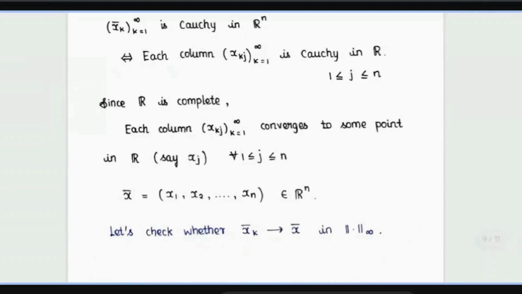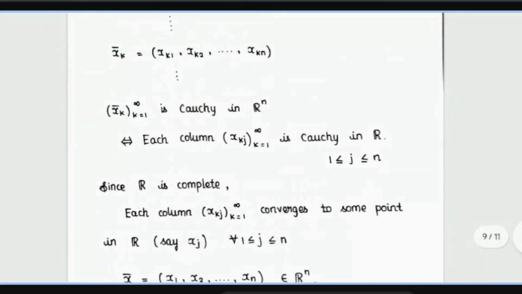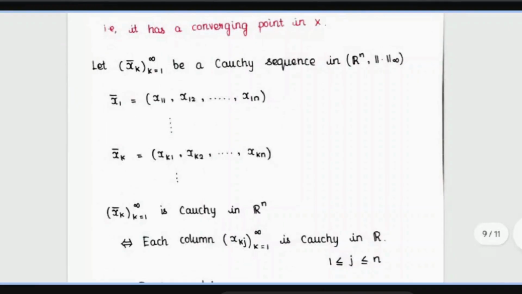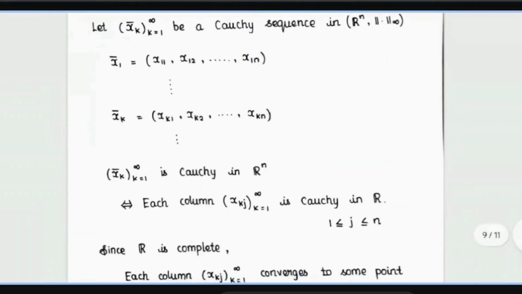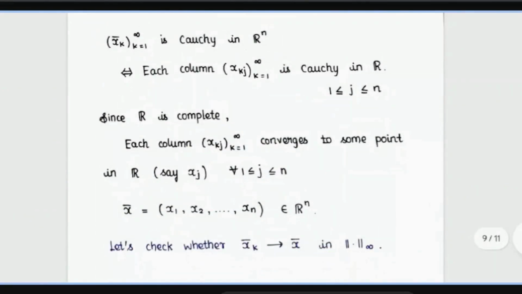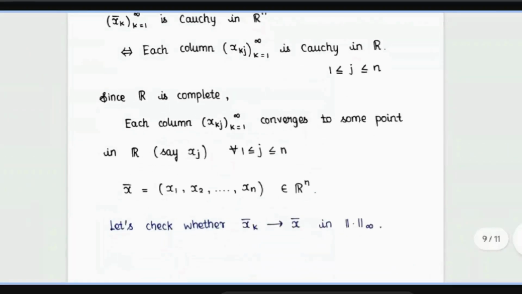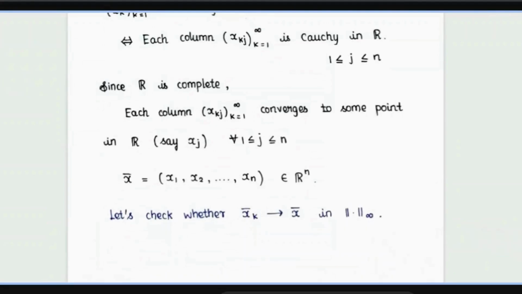So now we have a vector in R^n and we have a sequence x_k bar, which is a Cauchy sequence. Let's see whether x bar is a convergent point for the Cauchy sequence we took in R^n or not.